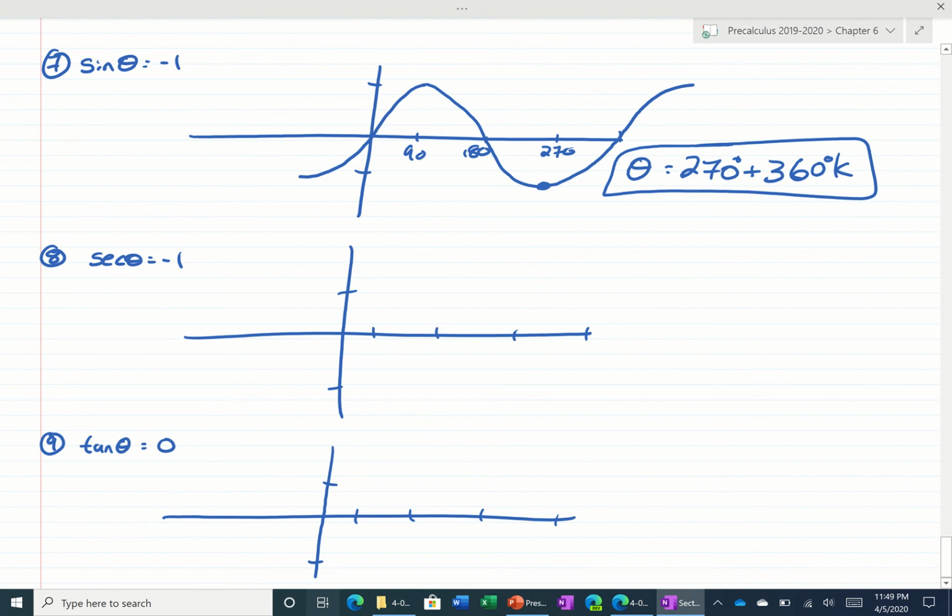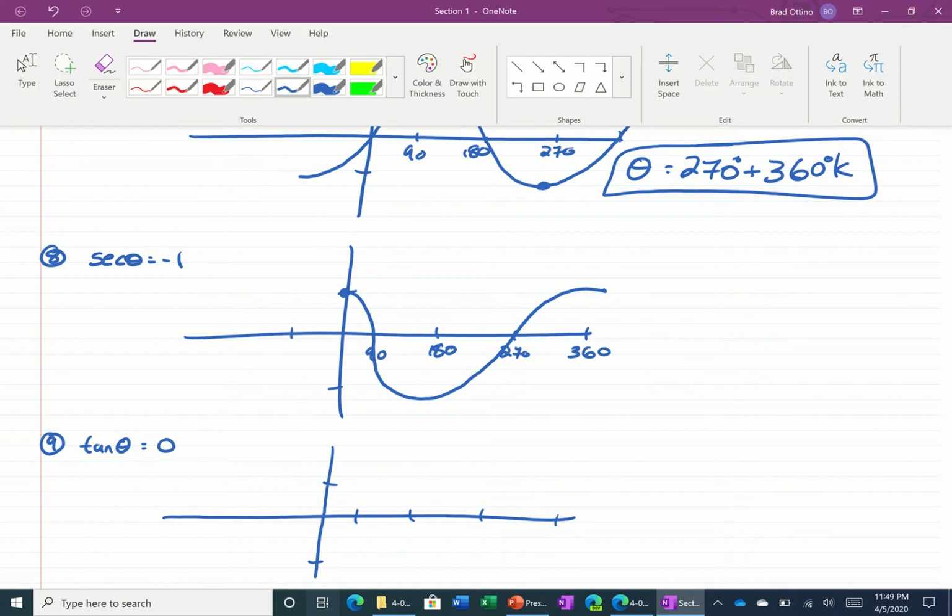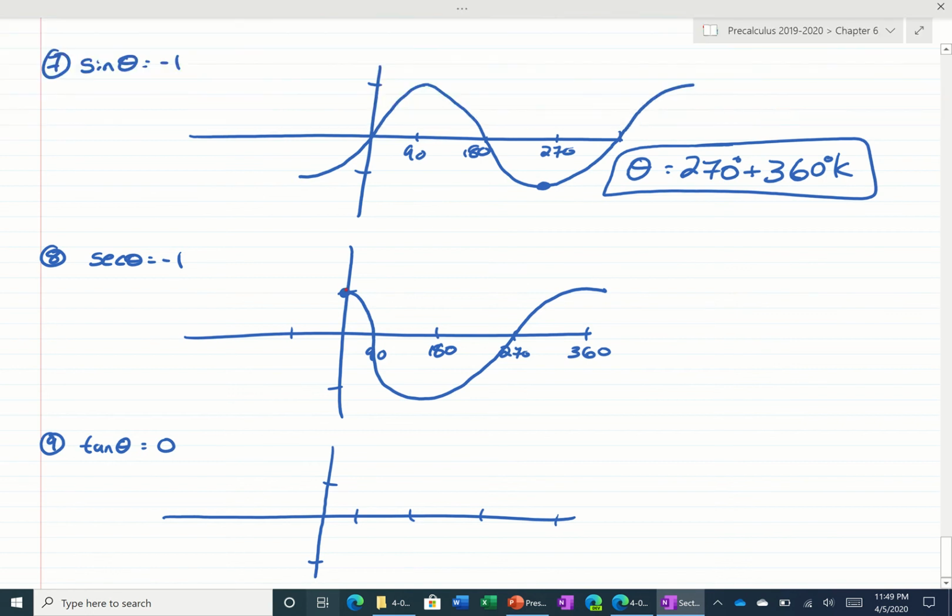When is secant negative 1? Well, in order to figure out secant, we have to know what cosine looks like, or the values, and then we take the reciprocal. Remember, cosine starts at 1. It goes 0, negative 1, 0, 1, like that. So the graph of secant would look like this. The reciprocal of 1 would be 1.